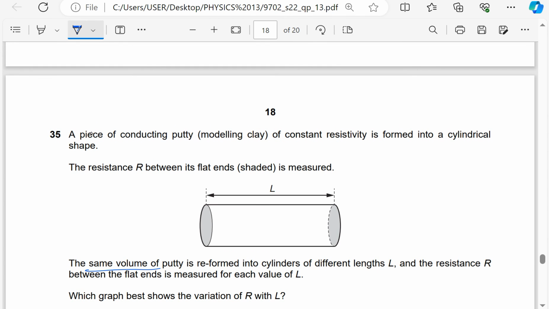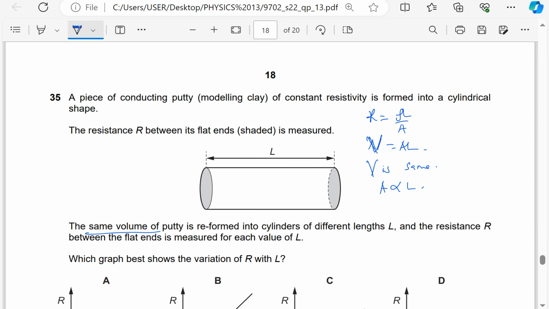Okay, so the resistance is equal to rho L over area, and the volume is the cross-sectional area times the length. Remember, the volume is the same, so area is inversely proportional to the length.